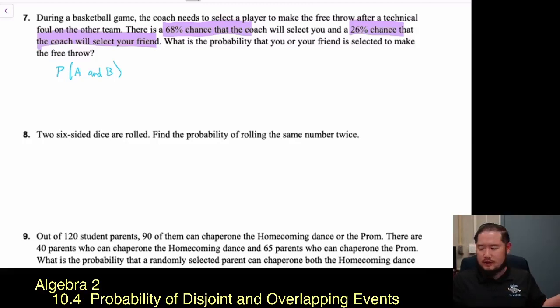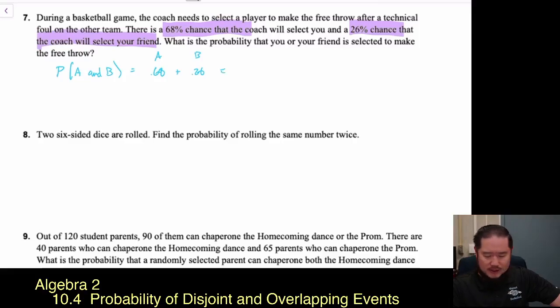You shooting a free throw, your friend shooting a free throw, one doesn't have an impact on the other. Okay, so if we were to go ahead and put this together, we have event A would be you, we have a 0.68, right? That's 68%. The probability of your friend, you've got yourself 0.26. I'll say that there is no overlapping right there.